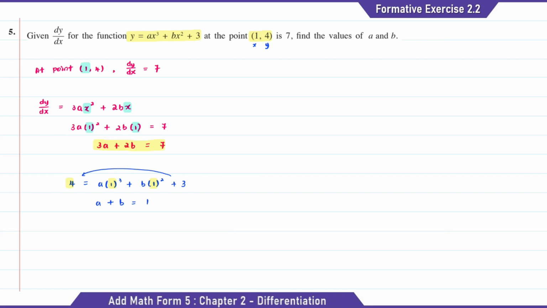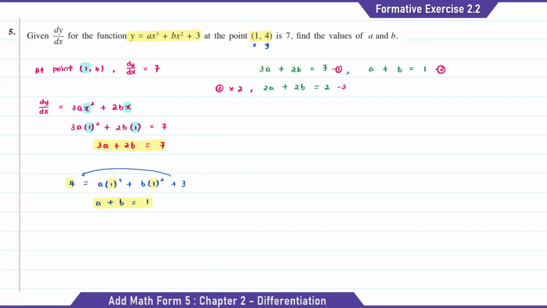So now we're going to solve for these two equations. So here we're going to solve these simultaneous linear equations using the elimination method. So first label this as equations 1 and 2. So here I'm going to eliminate the b. Therefore, for equation number 2, I need to multiply it by 2. Then I will get 2a plus 2b equal to 2.